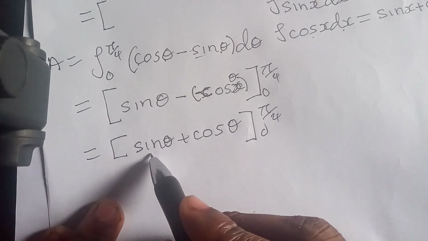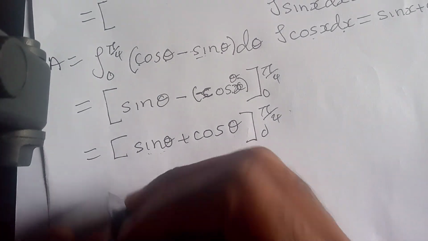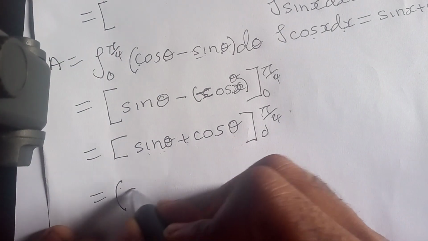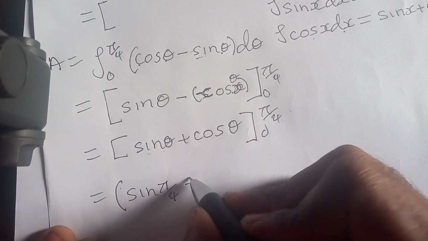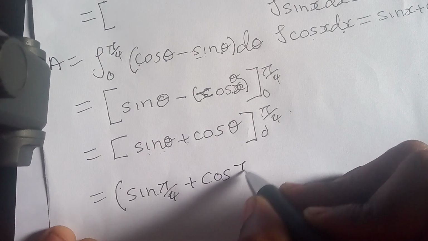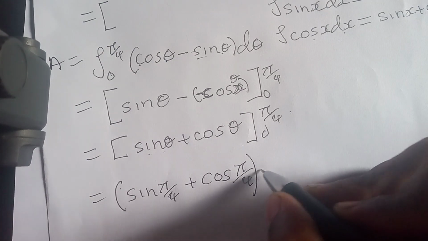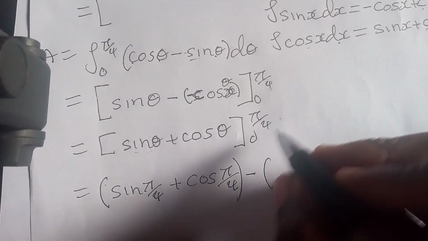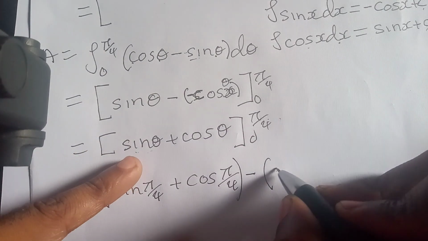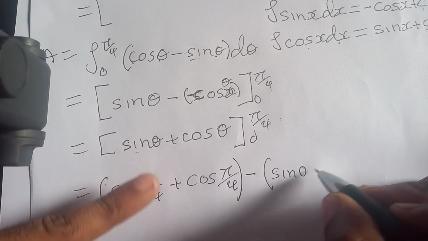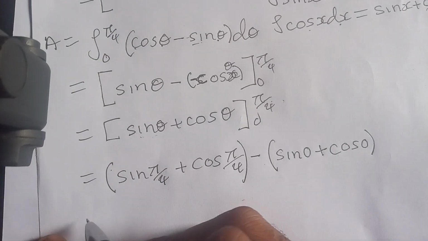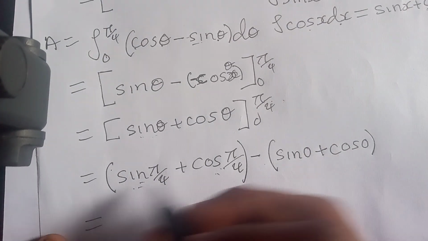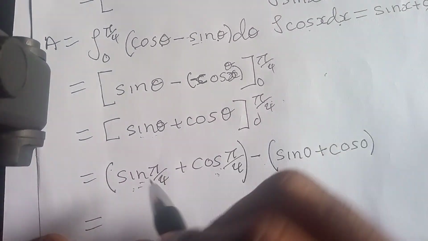And then when I substitute this in, I'll have sine pi over 4 plus cos pi over 4, then everything minus sine 0 plus cos 0. These are well-known angles.